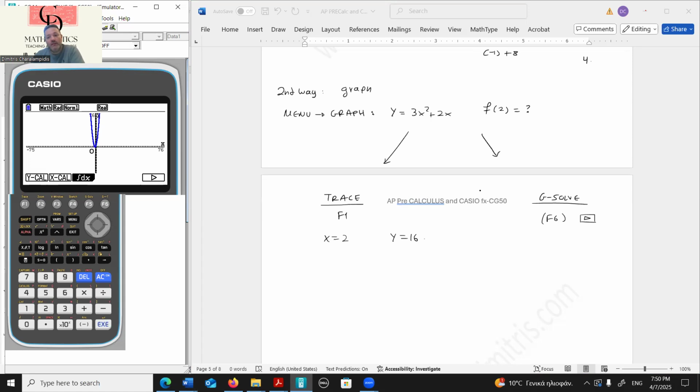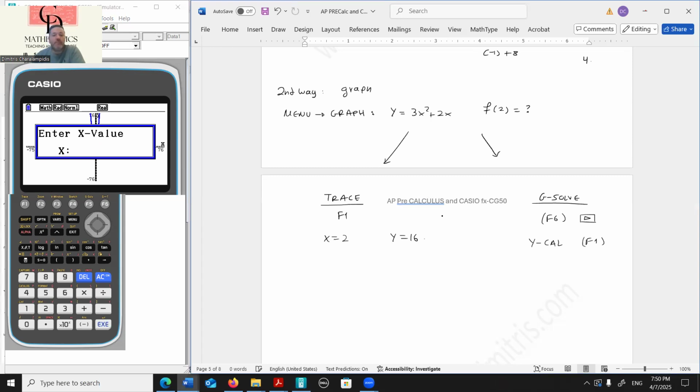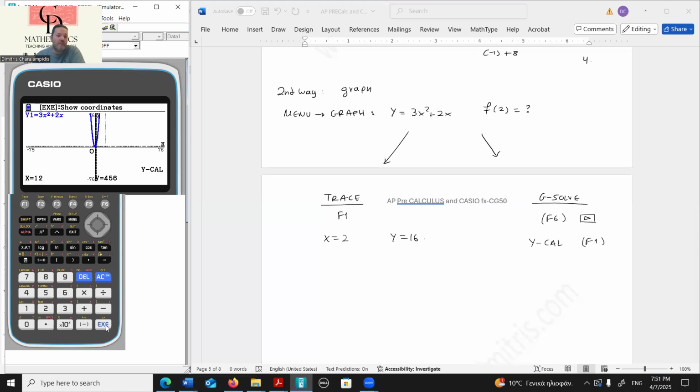Now we need to find a y value, so I click on Y-Calc, which is F1, and it pops up the same window we saw in the trace option, where it says enter the x value. Here I put, let's say, 12, and then EXE pops up the needed y value.